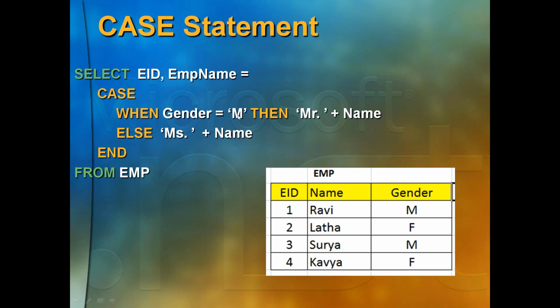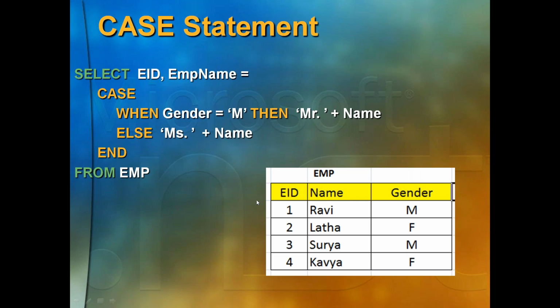What is this? Alias. Case when gender is equivalent to male, then concatenate: Mr. is the constant plus name. Clear? Else Miss plus name. If it is M, then Mr. Ravi. Else Miss Lata, and Mr. Surya, Miss Kavya.